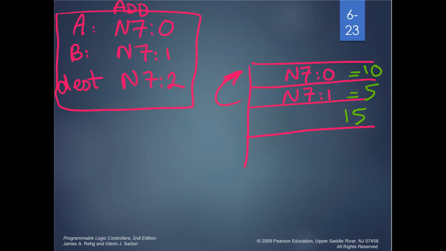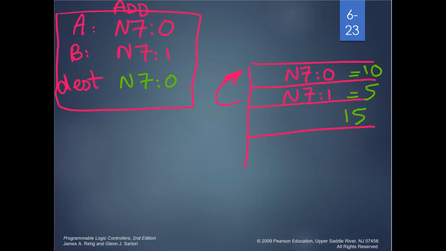We want to save the result of this summation back in one of our sources. So let's assume that I change this destination to N7:0. This time, 10 and 5, which are source A and B, will be added together. The result will be saved in N7:0.